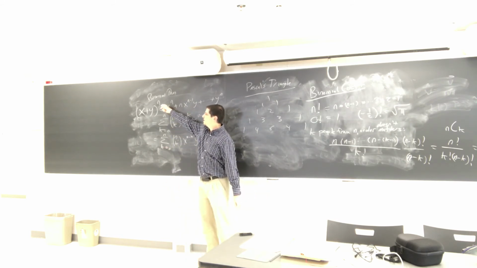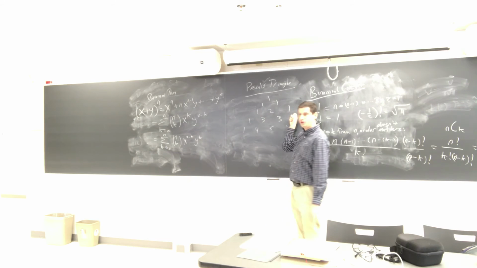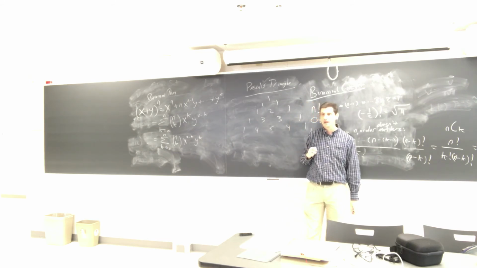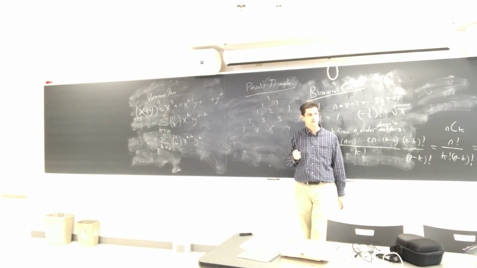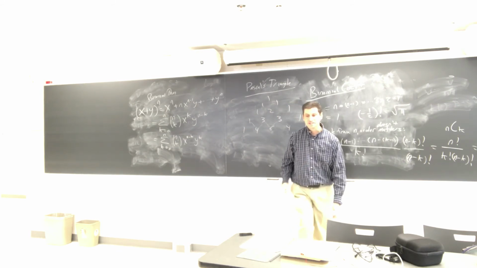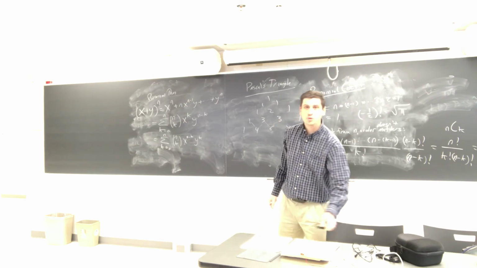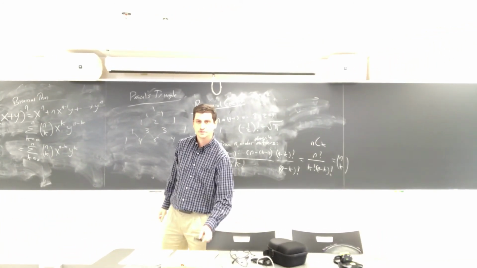So if I take n equals 3, that would be this row over here. How many of you have not seen Pascal's triangle? Okay. So every number is the sum of the two above it, and you have all ones on the outside. The reason we need this in a calculus class is we want to find derivatives of functions.